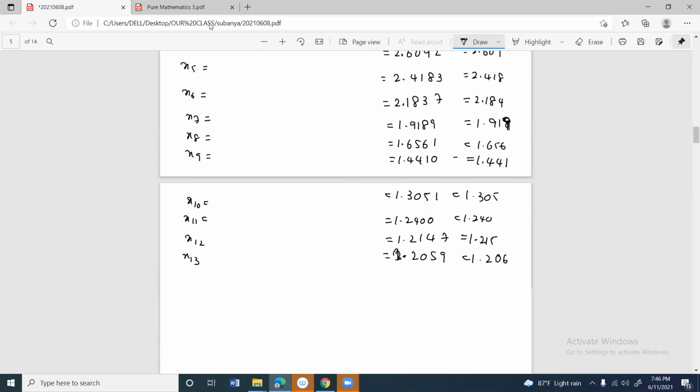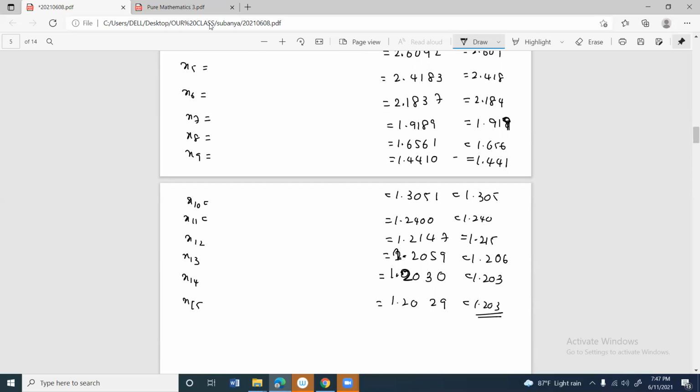Now you can see it's coming closer to each other. x14 is 1.2030, that is 1.203. Now it's come a little bit closer. Then 1.2029, that is 1.203. Yeah, it converges.